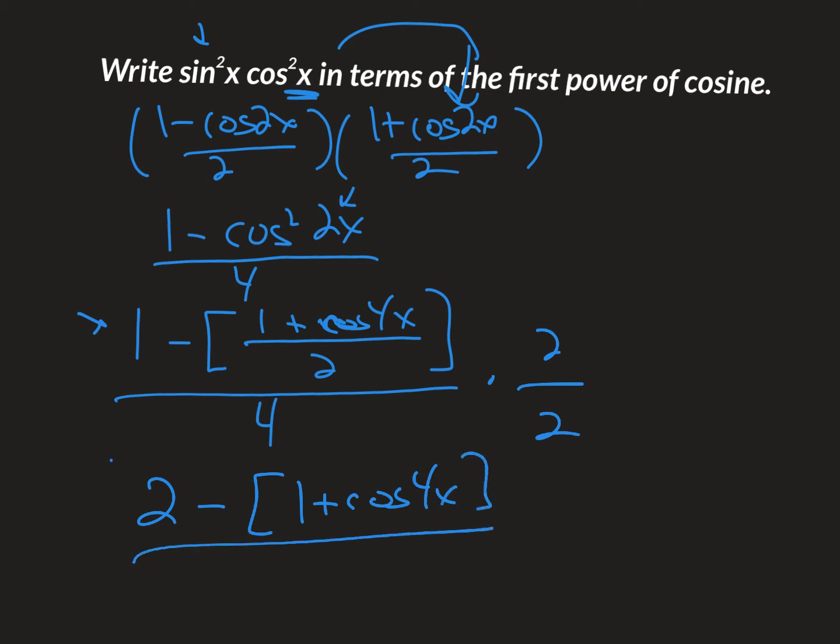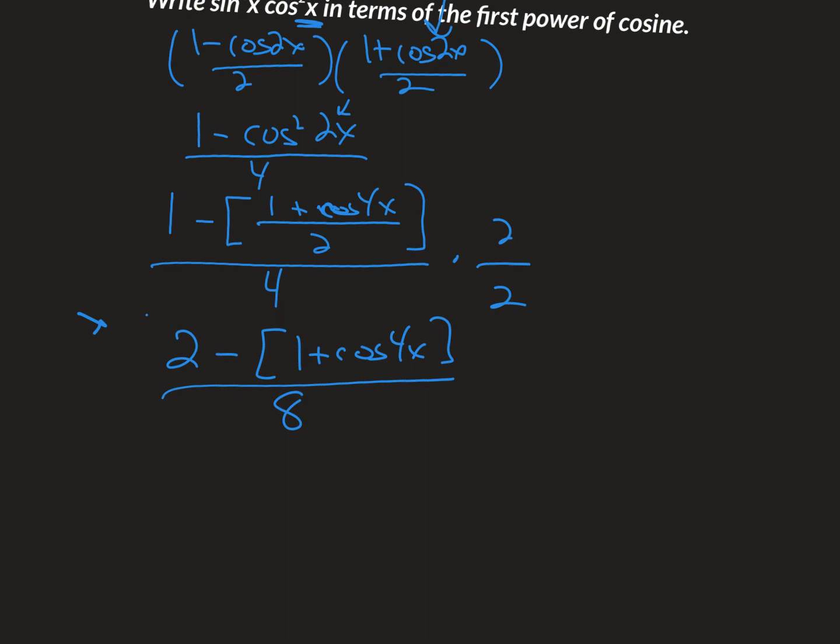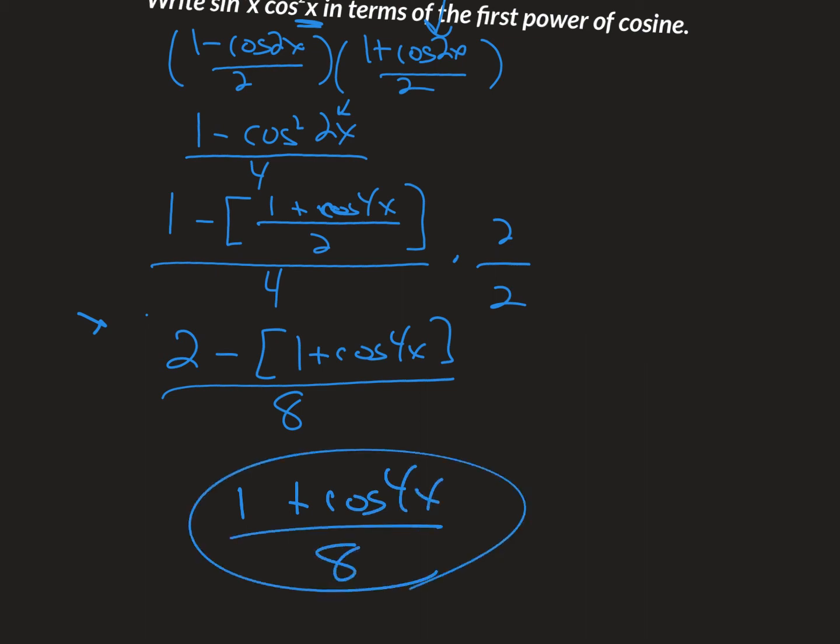And on the bottom, 2 times 4 is 8. So I'm one step away from getting this answer here. I'm just going to get rid of the brackets and subtract: 2 minus 1 is obviously 1. So I'm going to go 1 plus cosine 4x over 8. And there you have it. Kind of a weird answer. You've got to keep working through there, but you can do it.